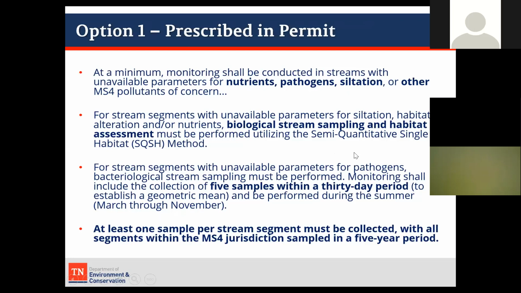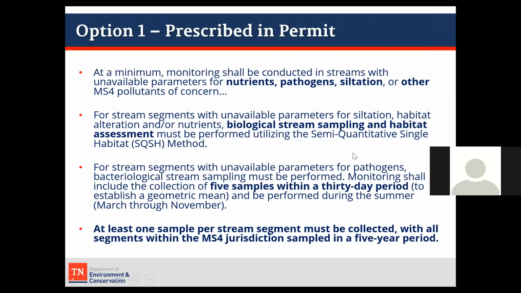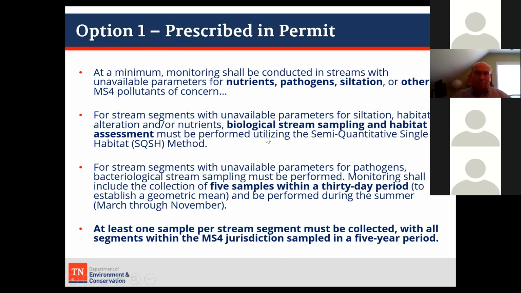So as a reminder, option 1 is basically the monitoring requirements that we had in the previous permit that we just rolled into our option 1 for the 2016 permit. And it basically required these parameters here: nutrients, pathogens, siltation, along with biological stream sampling and habitat assessments.